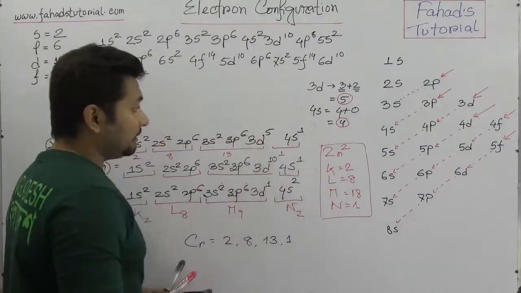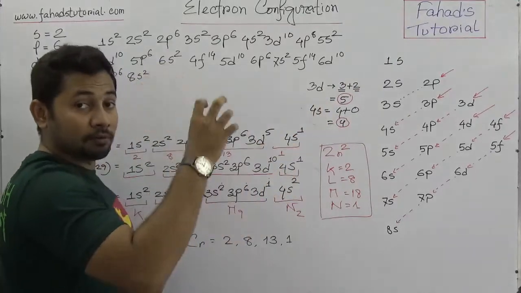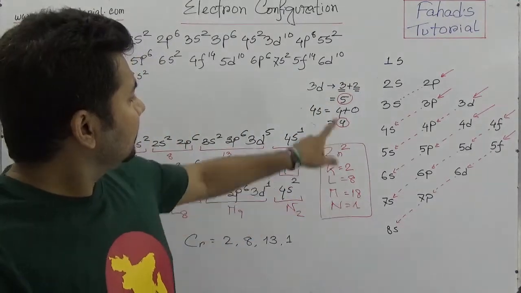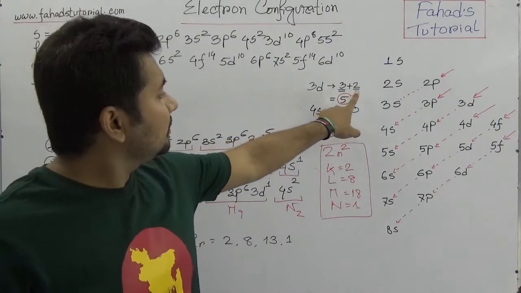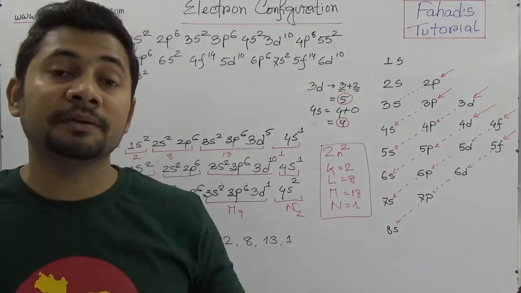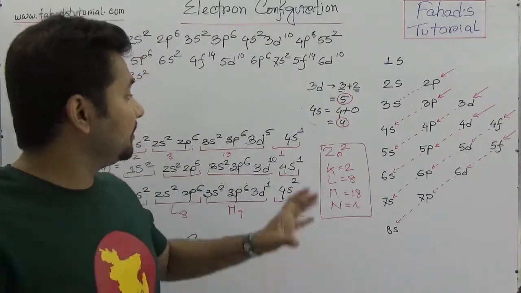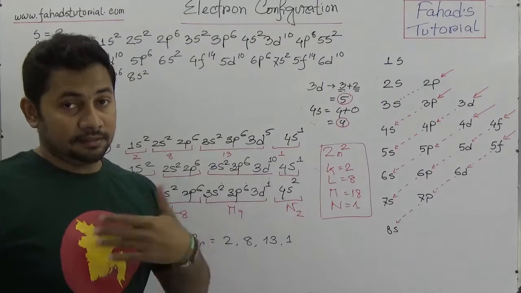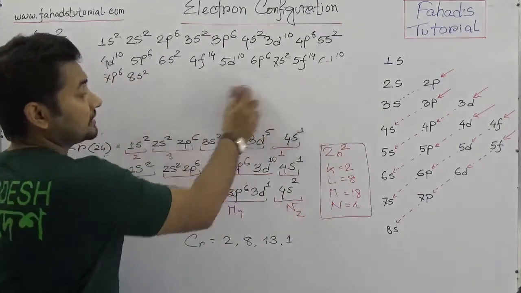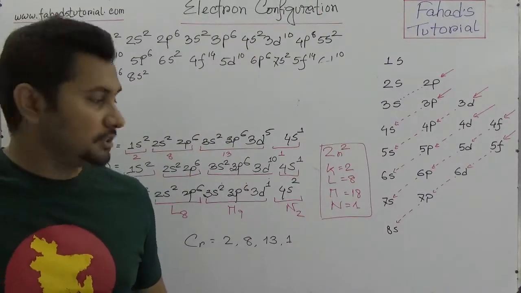Some students may have a question like why in this 3d orbital the additional quantum number is 2, and why this is 3, and what these quantum numbers are. I'll explain it more, but not at this level, in the next level. Then I'll explain why 3d and 4s are coming, to understand the energy levels.